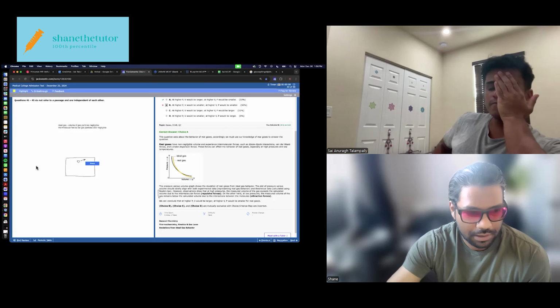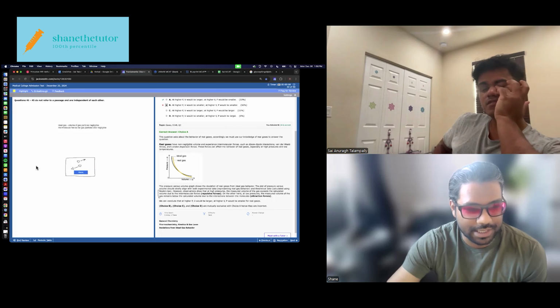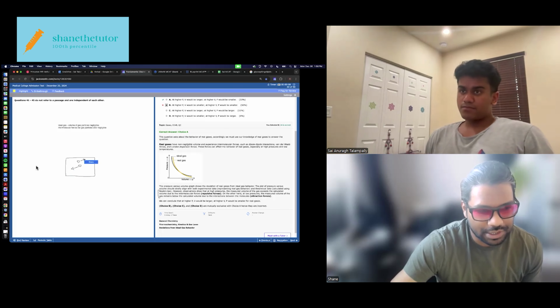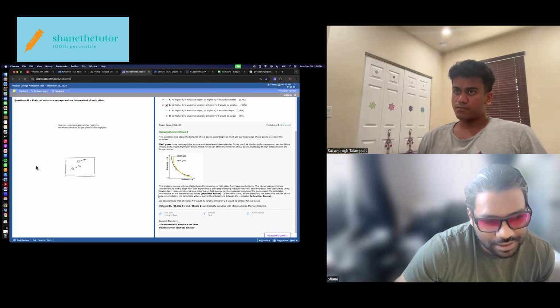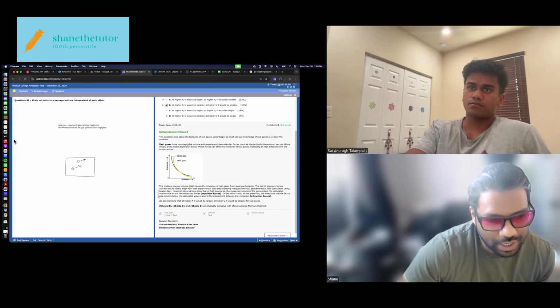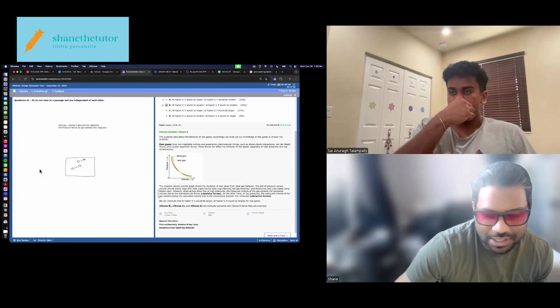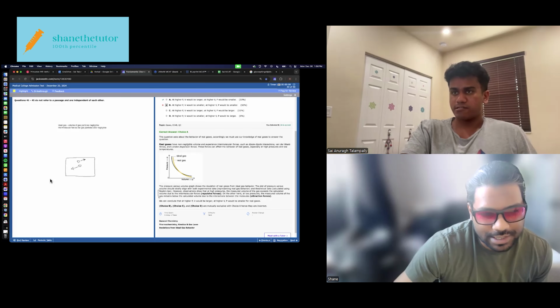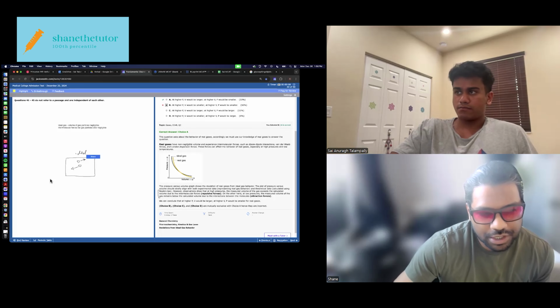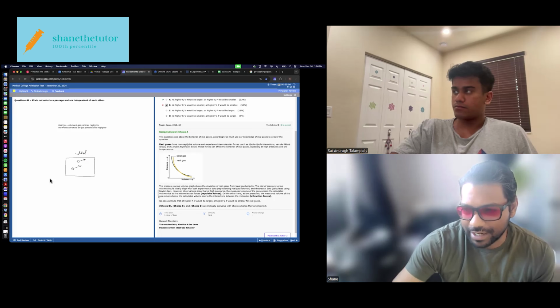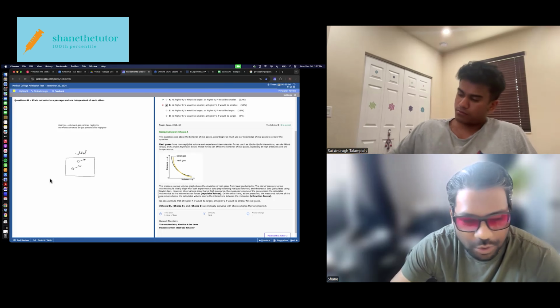Let's say that this is a container and these are two molecules of the gas. This one's moving to the right this way, this one's moving to the left this way. Now, this is going to be an ideal situation in which there's no intermolecular attraction between these molecules.